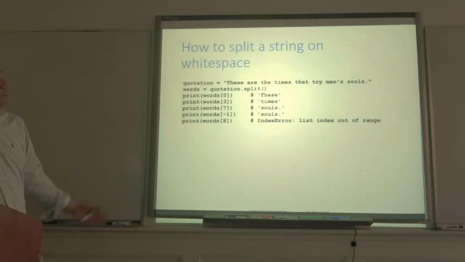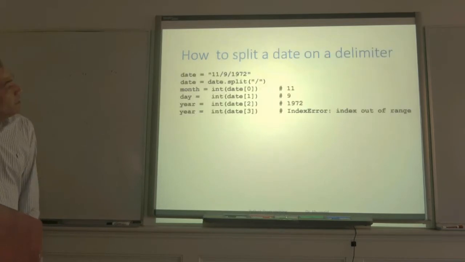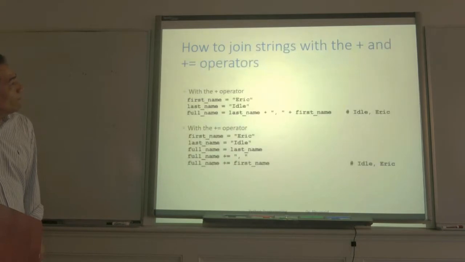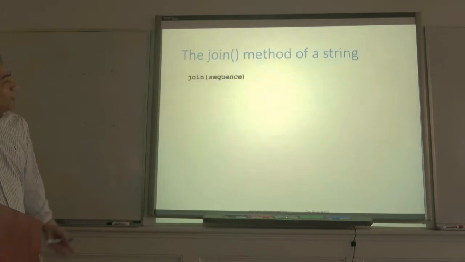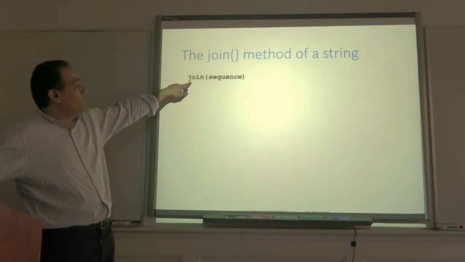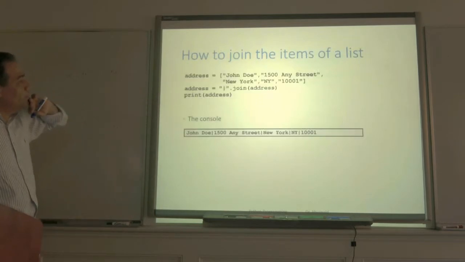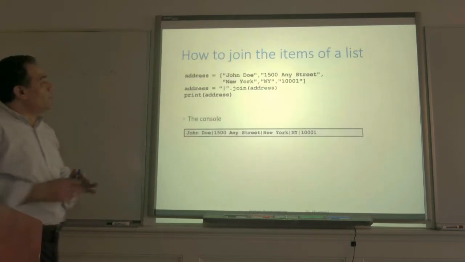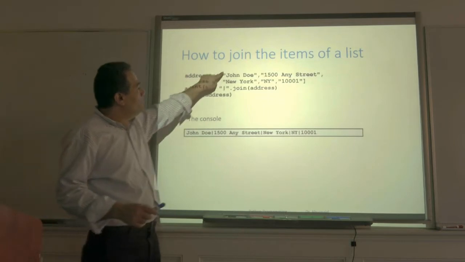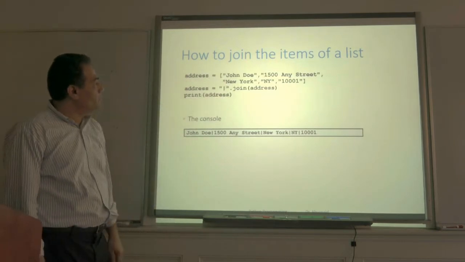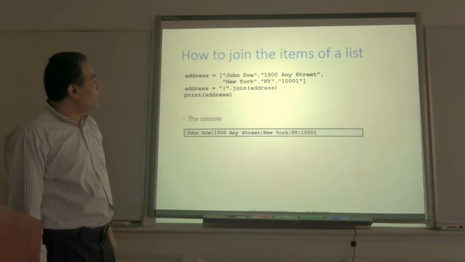Let us look at how to split a string; you can take a look at that. How to concatenate and join: there's a method or function that can join sequences together. For example, you have an address in here, which is a list, and you need to join it.